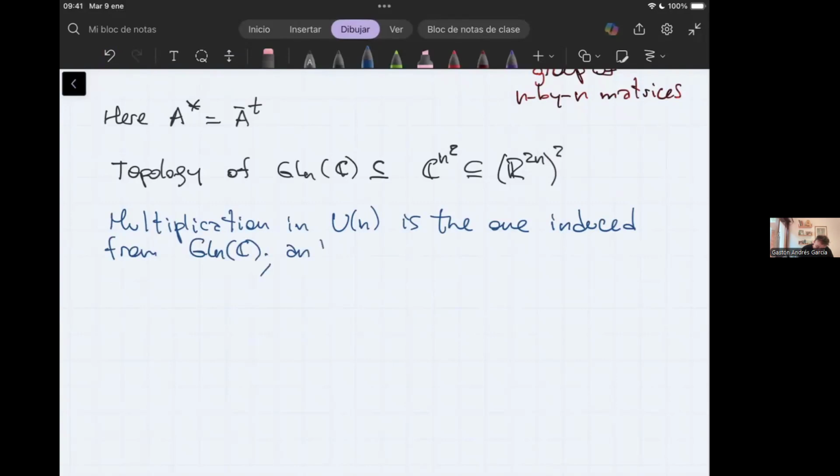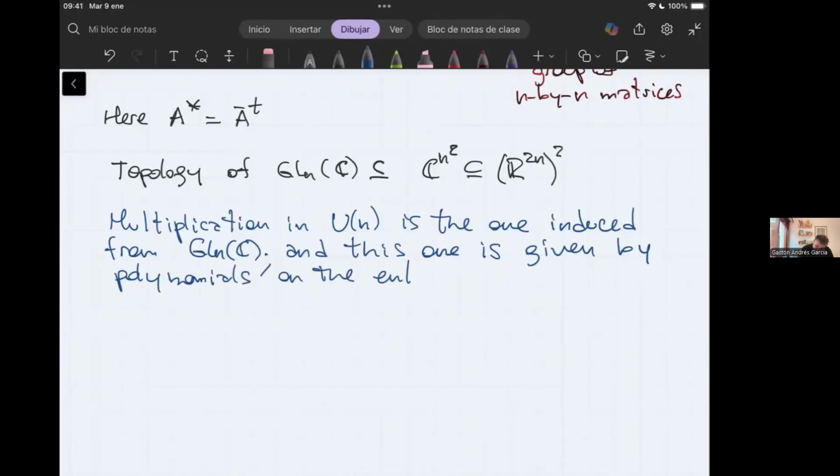And this one is given by polynomials on the entries of the matrices.